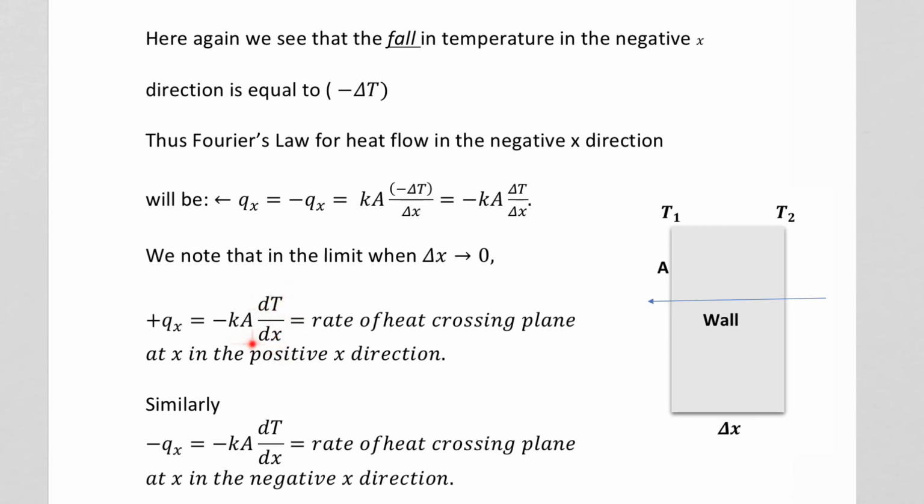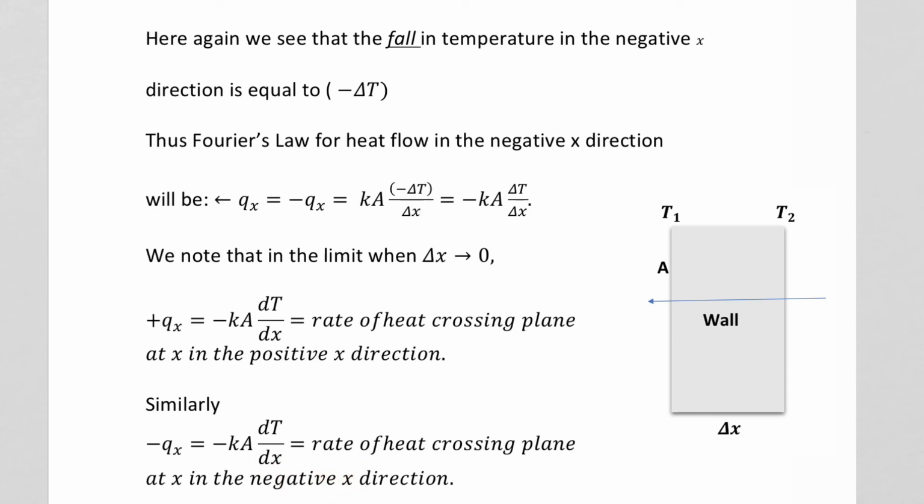Actually dT by dx, which replaces delta T by delta x when delta x approaches 0. This becomes the rate of heat crossing the plane at x in the positive x direction. Similarly, minus Qx is equal to minus KA into dT by dx, which is equal to the rate of heat crossing the plane at x in the negative x direction.